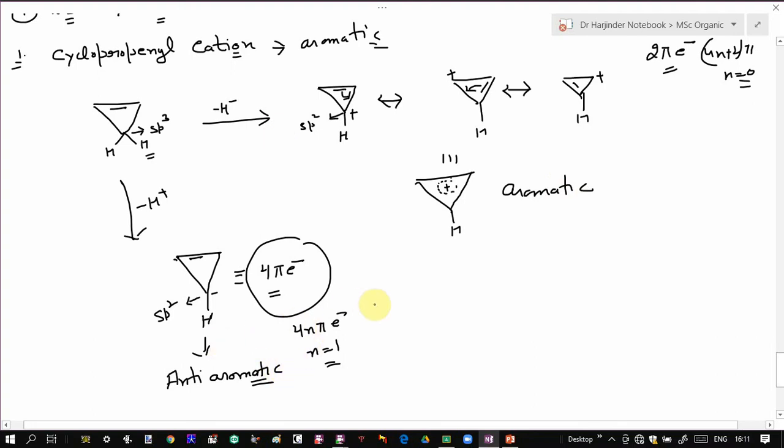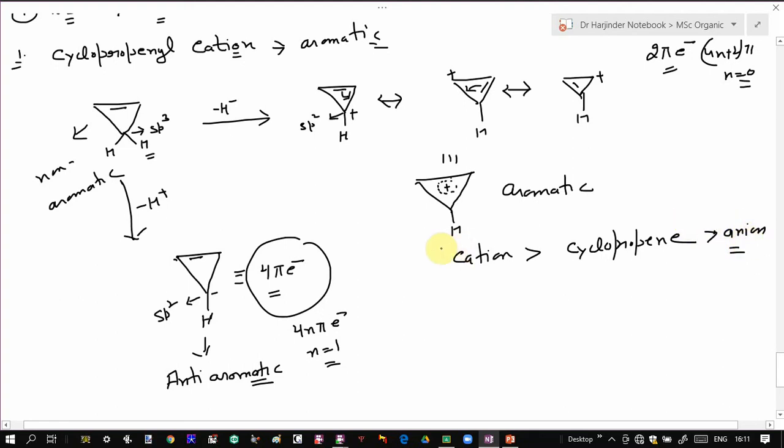So this has the least stability. If you write the order of stability, this cation has maximum stability, then simple cyclopropene, which is a non-aromatic compound, and the least stable one is its anion, which is an anti-aromatic compound. So that is the order of stability.